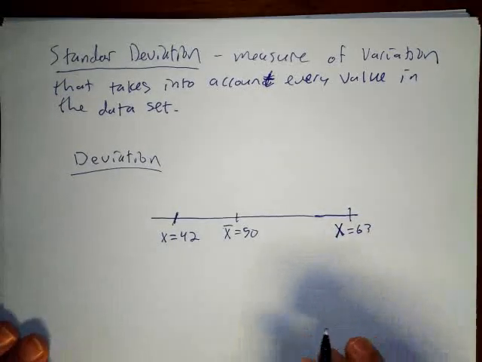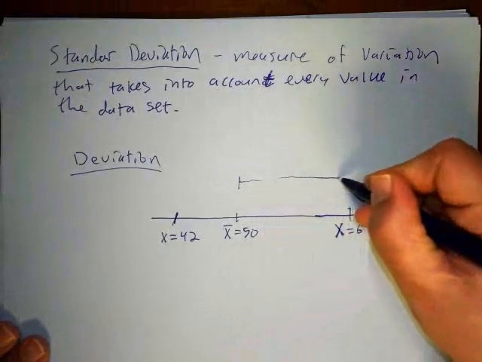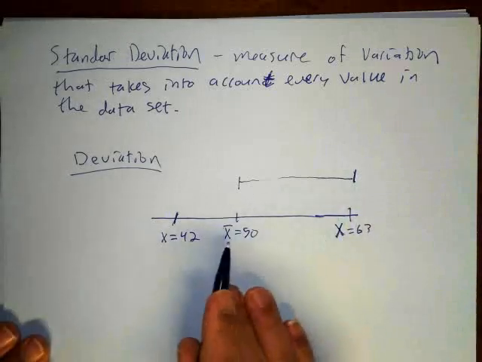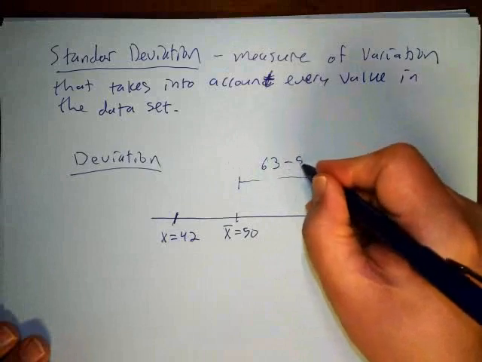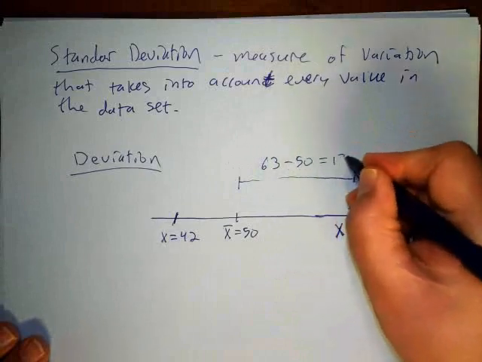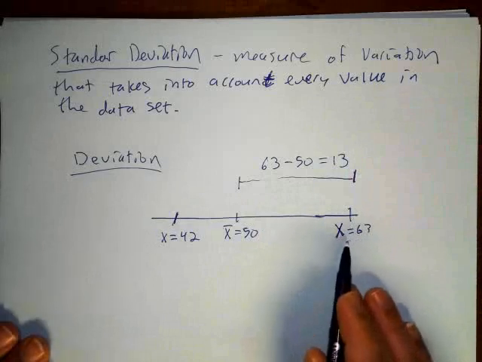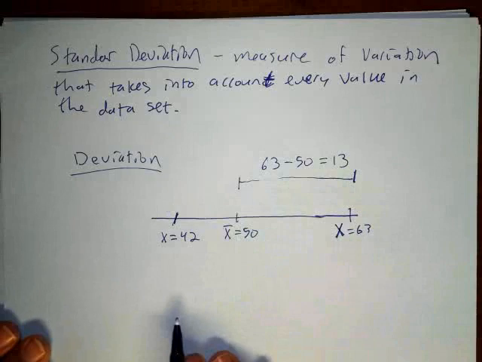Okay, and so what you can do is take the difference here. If I want to know how far 63 deviates from the mean, I can take 63 and subtract the mean, and I get 13. And so the deviation for this particular value would be 13.